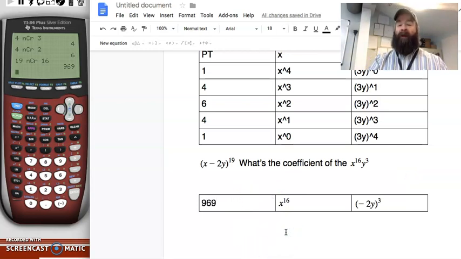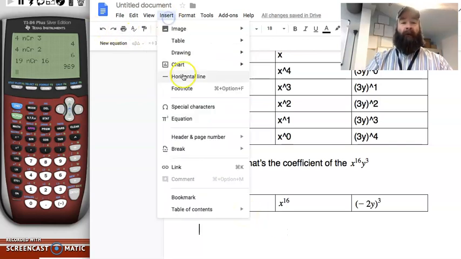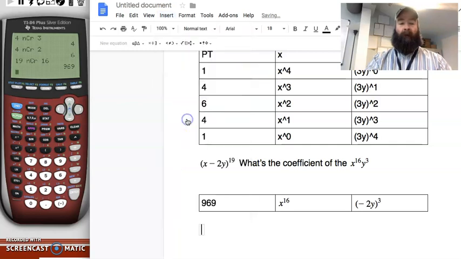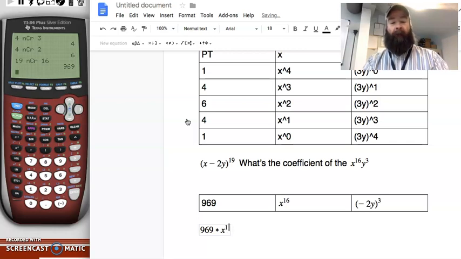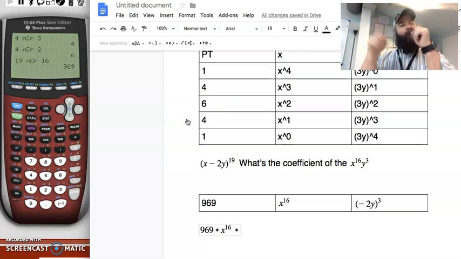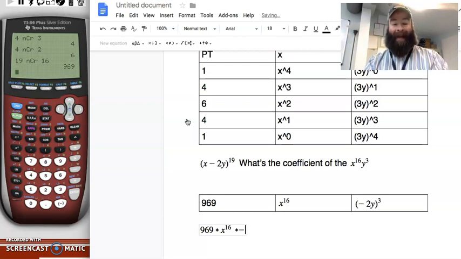So then when I'm looking at the coefficient, it would have the 969 times the x to the 16th times the negative 2y cubed. So that would be both the negative 2 being cubed and the y being cubed. So that would be negative 8y cubed.